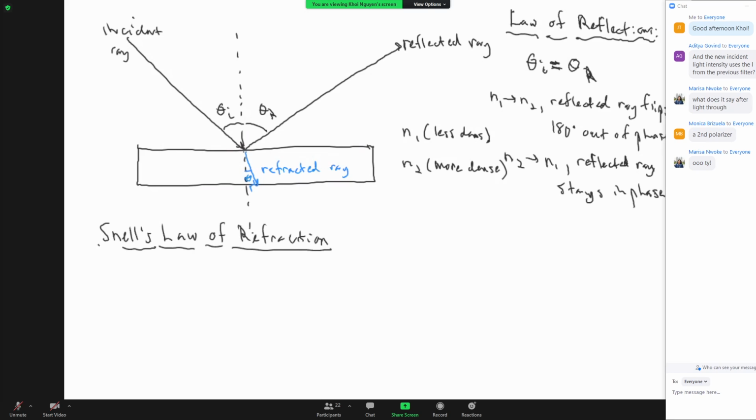Snell's law of refraction simply states that the incident medium that we're coming in from times the sine of the incident angle is equal to the medium that we're going to times the sine of the refracted angle, theta little r. Okay? That's what this is right here, theta little r. Okay? So this is Snell's law of refraction, and this is the equation that governs what happens when we have light passing through a medium.